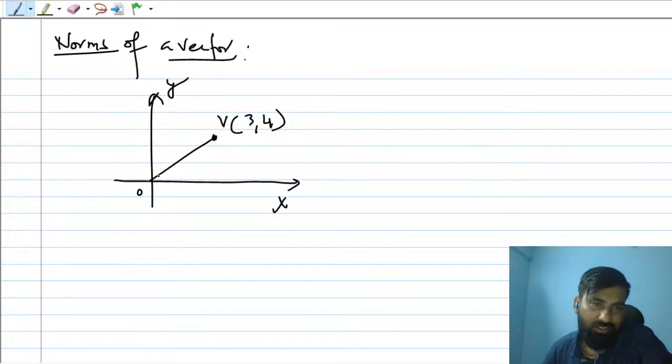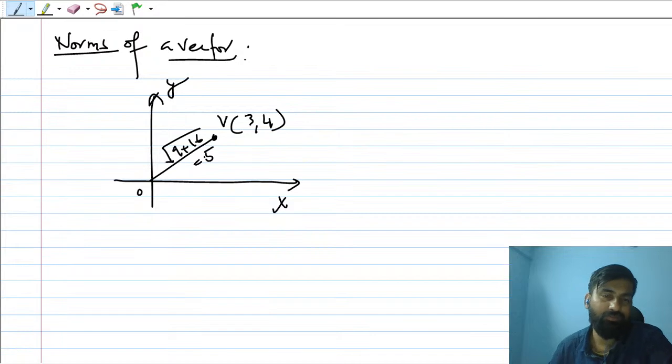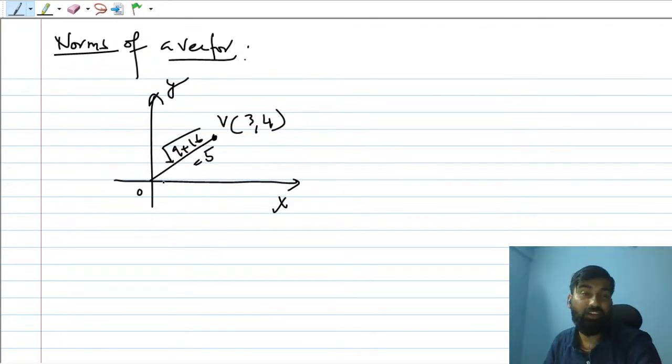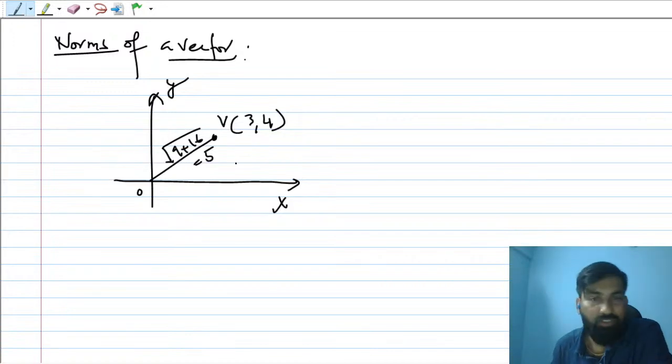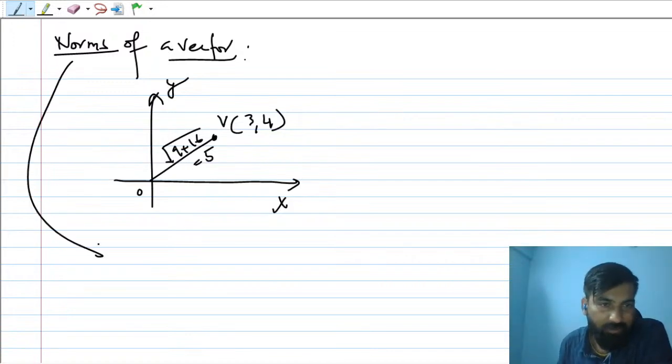If somebody asks what is the length of this vector, the length of the vector is going to be under root 9 plus 16, that is 5, okay. The length of the position vector from the origin to this point is going to be 5, understood.